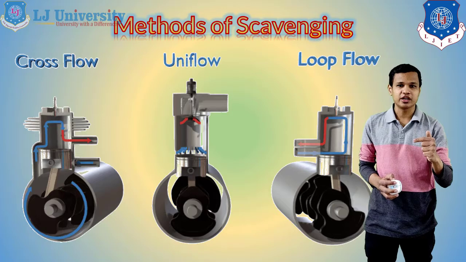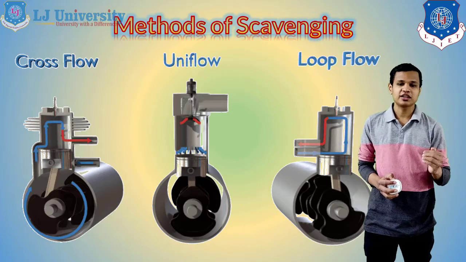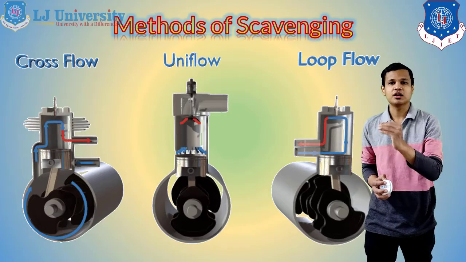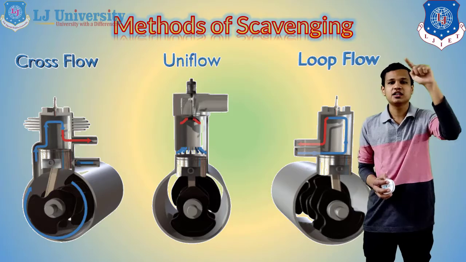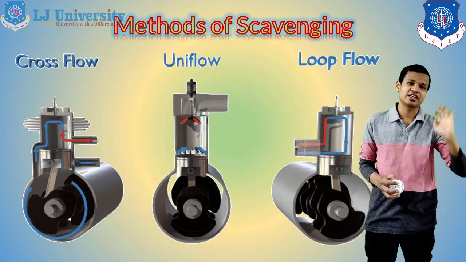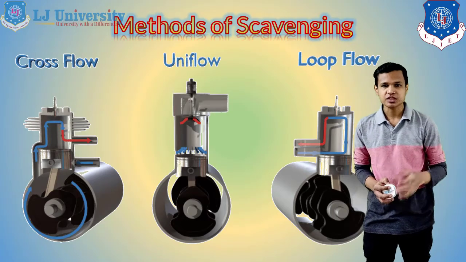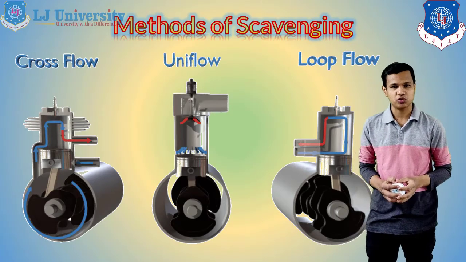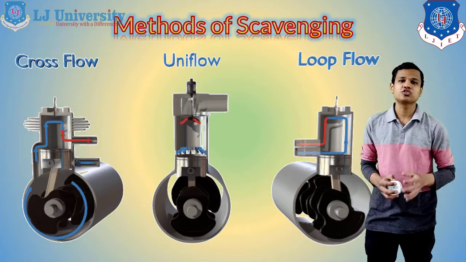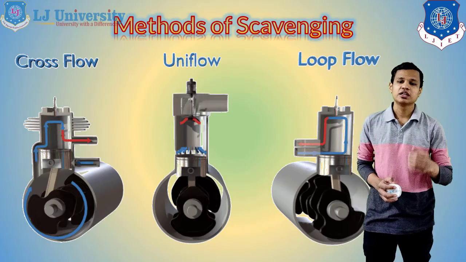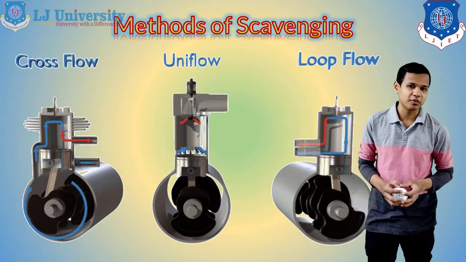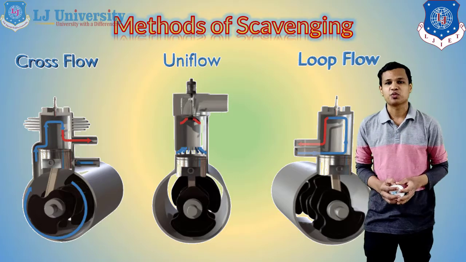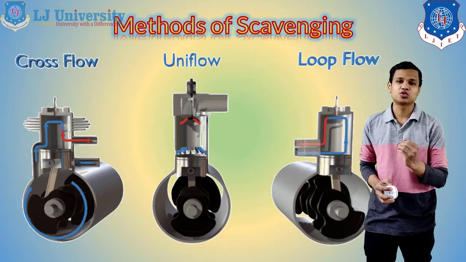So from the transfer port, the gases will come, create one whole loop, and after completing the loop, force out the exhaust gases from the engine. Generally in 2-stroke engines, we use either cross flow scavenging or loop flow scavenging, which gives better performance for the scavenging process.